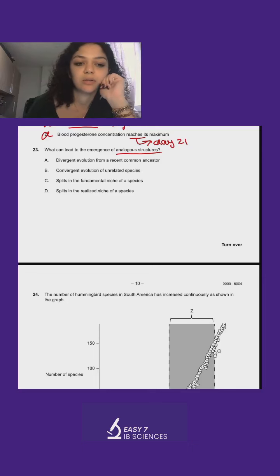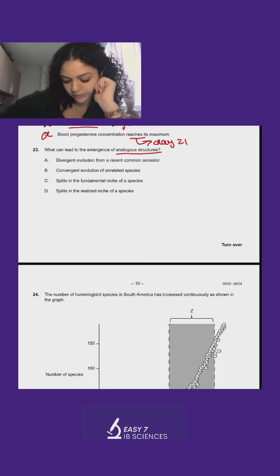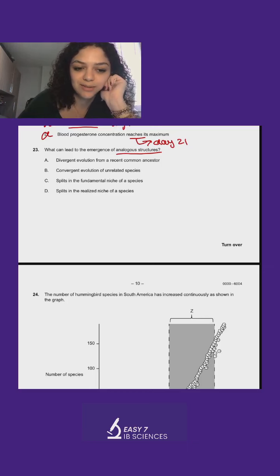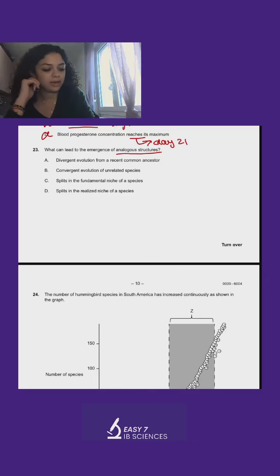What is an analogous structure? So an analogous structure is a similar feature or a similar structure, but is it a common or no common ancestor? I don't want to give you the answers so you can do some practice. No common. Very good. So you start at no common ancestor and you have structures that are similar.